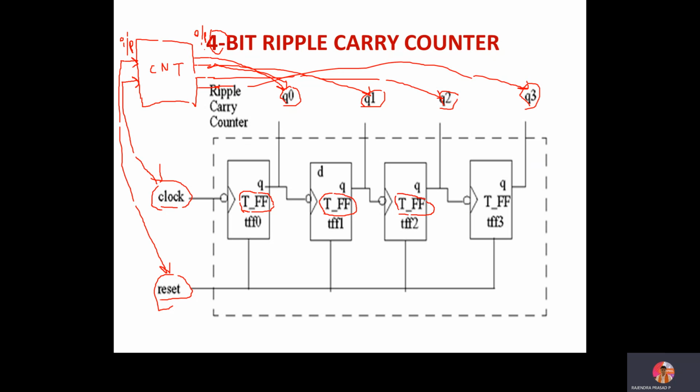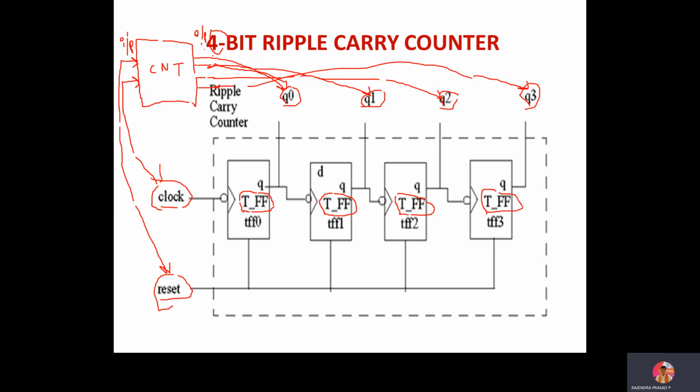There is no need to use only the T flip-flop; you can use any flip-flop, but for explaining here, I am using a T flip-flop. So 4 T flip-flops are used in the implementation. Sir, how did I get this circuit? Over a period of time, you will understand.